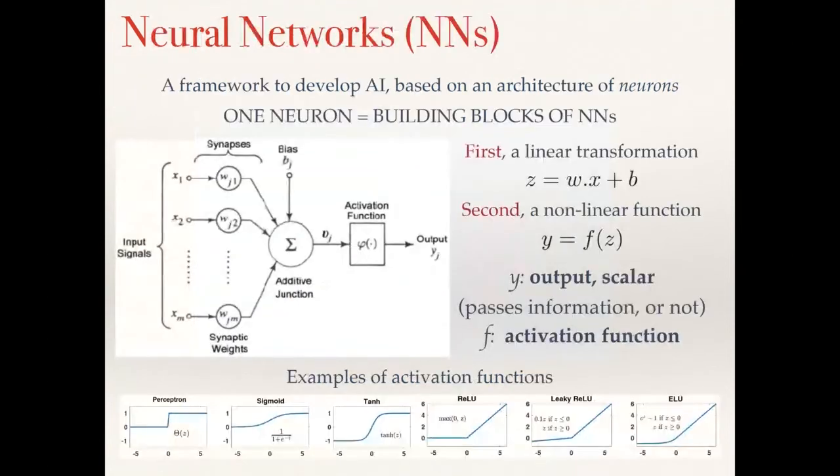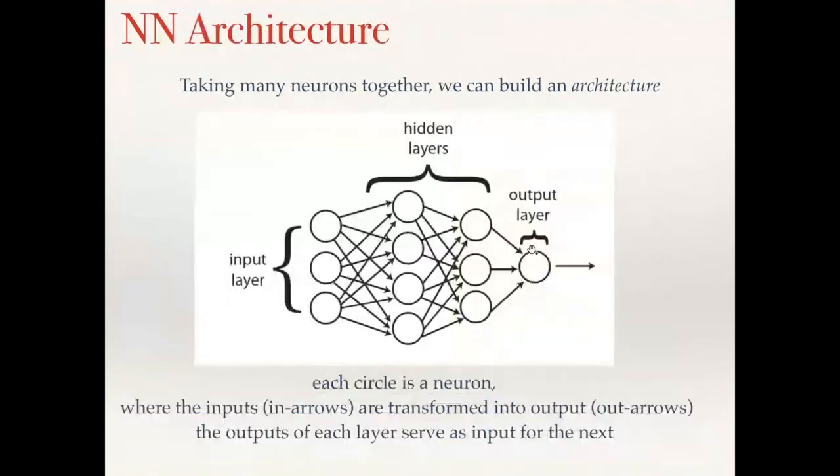Each transformation is the same. The input, whatever it is, is going to be transformed with new weights and a new bias. You take your X, you assign some weights and some bias, and you transform it.